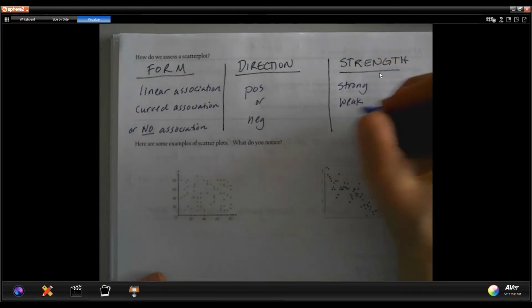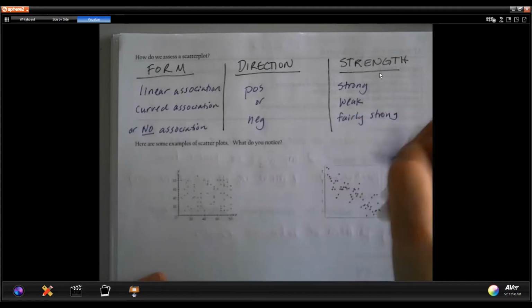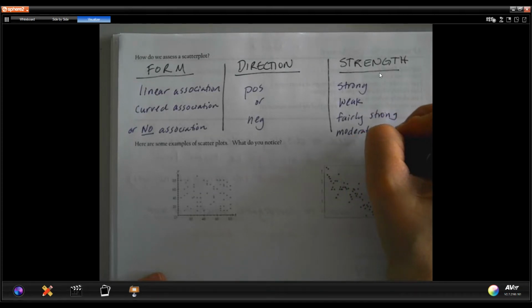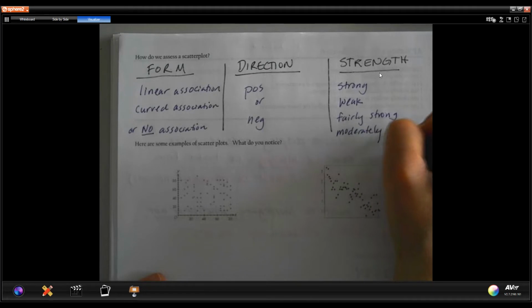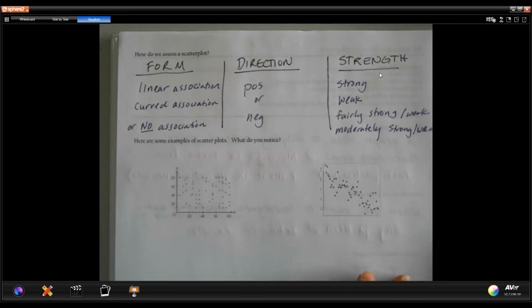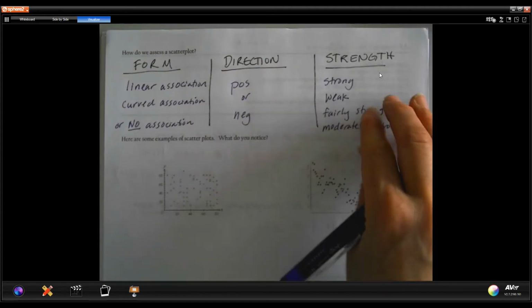Or we could say fairly strong, moderately strong, or weak in either of these cases. So we could sort of define them like that. Or sometimes I've just seen it saying moderate. There's not any specific way to say it, and the strength in particular is very much a judgment call. But yeah, that's kind of a nuanced thing.